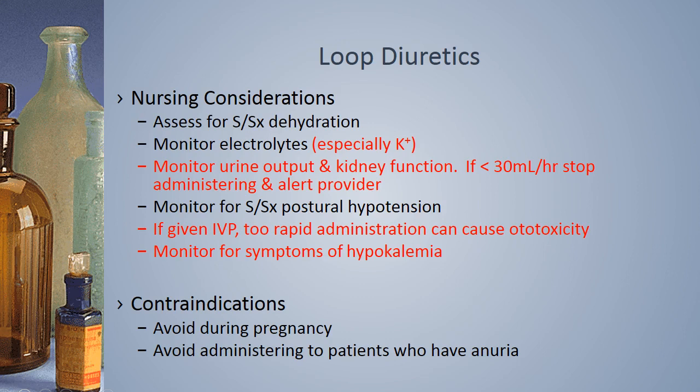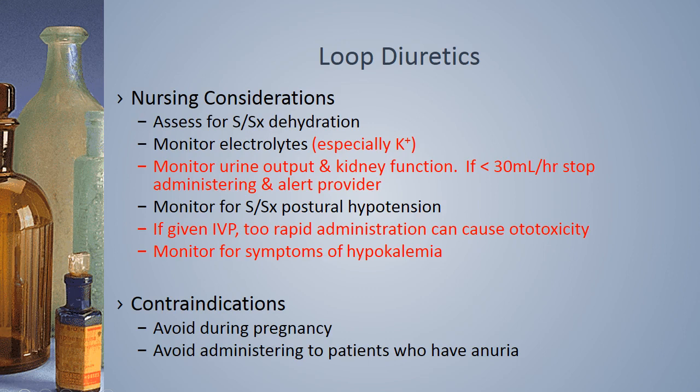So a patient who has diminished urine output and you're giving them a diuretic to urinate, there's something going on. You want to look at their BUN and creatinine for kidney function because if their kidney function is impaired, they might not need to be on the loop diuretic. But remember, it is the only diuretic that they do give in kidney failure.